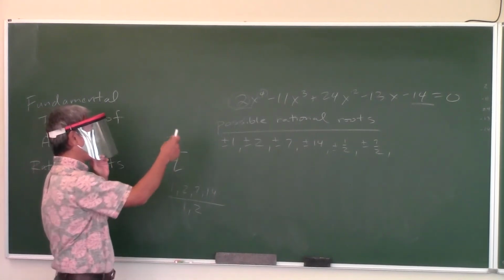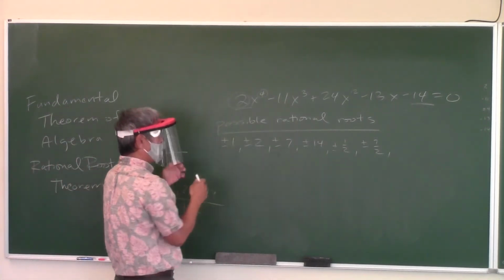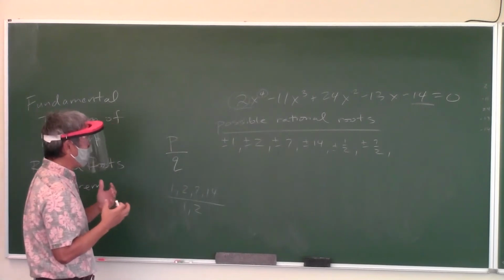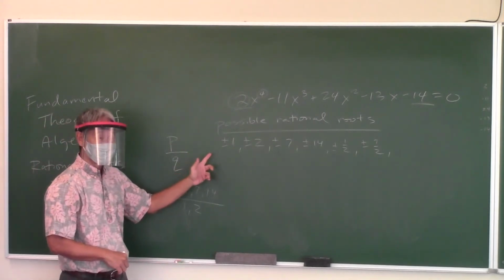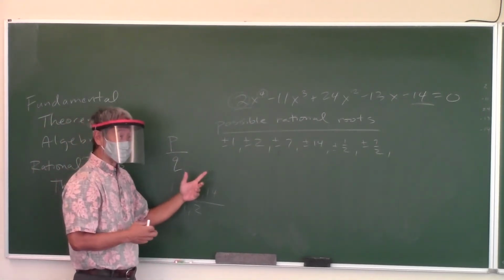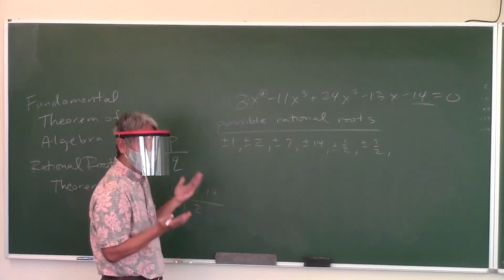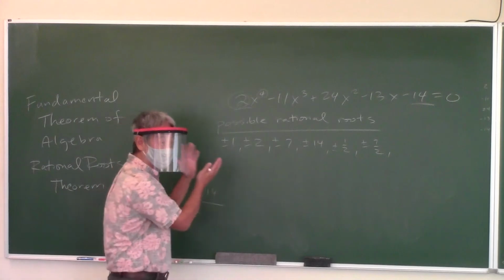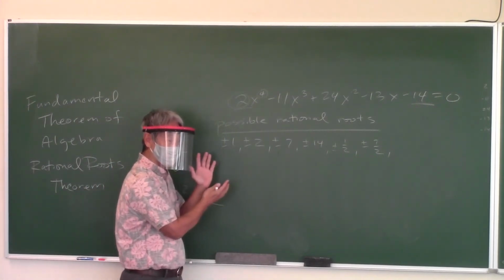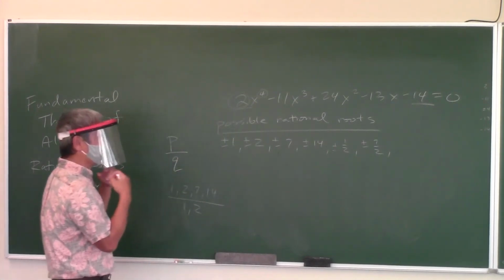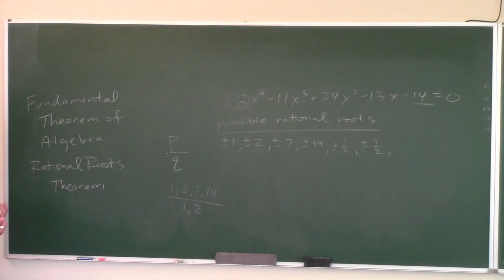In other words, if this equation is going to have any rational root, it has to come from this list. So no sense trying 3, 4, or 5 because they don't have a prayer of working. Only these numbers have a chance of working. Because when you're finding the roots of a polynomial equation, it's basically a guess and check process.